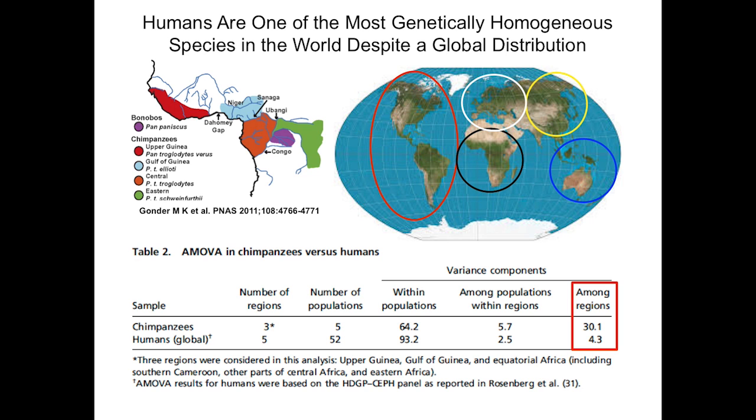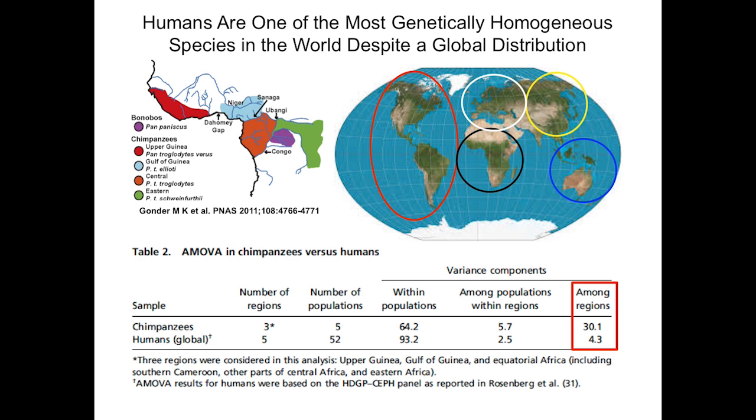Now, we also can look at humans on a global level, and so I've circled the 5 populations that were in this study. And there we can ask how much of the human genetic diversity is found as variation between these populations. So we're on a much bigger geographical scale than the chimpanzees, and you can see it's 4%.